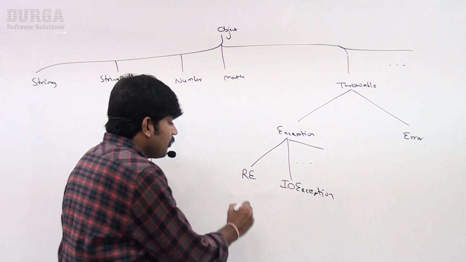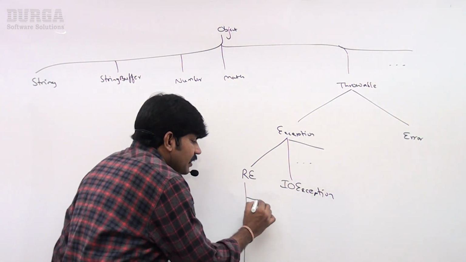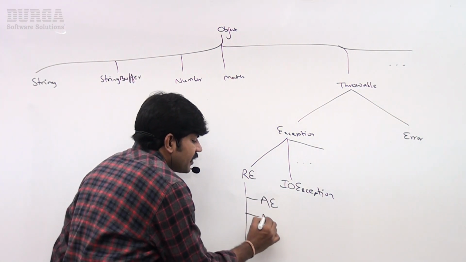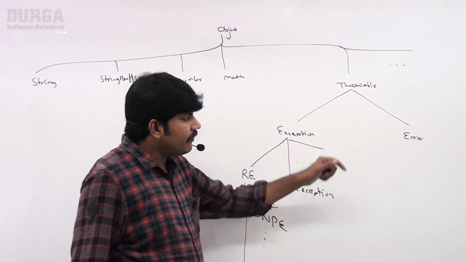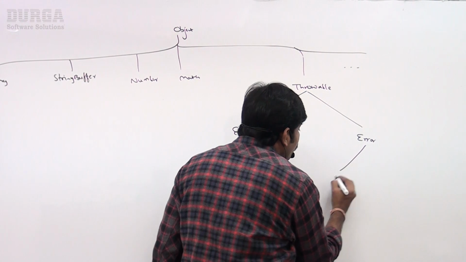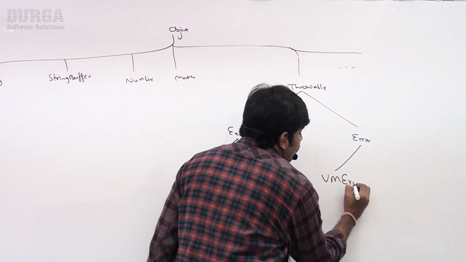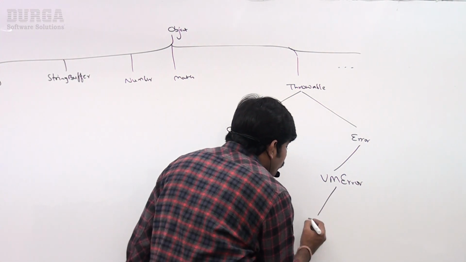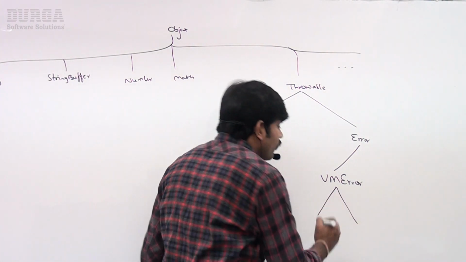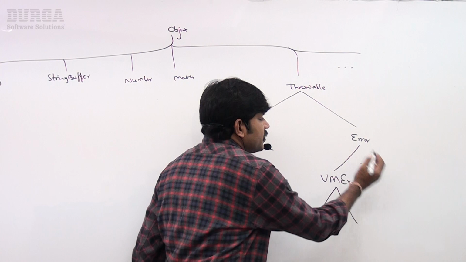Next, under RuntimeException, again there are several child classes: ArithmeticException, NullPointerException, and so on. Sir, even under Error also, VMError. Are you getting Virtual Machine Error? Here OutOfMemoryError, StackOverflowError, like that there are multiple things.